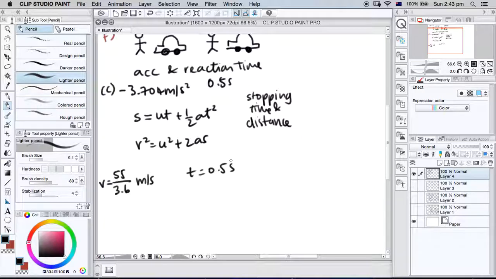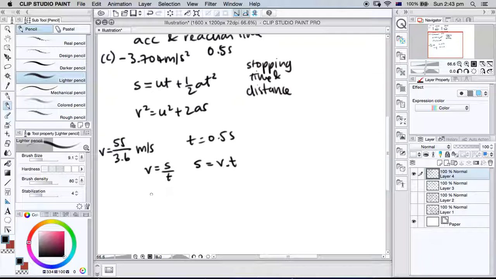So we want to find the distance he traveled before he stepped on the brakes. Using the equation v is equal to s on t, and switching it around, s is equal to v times t. Substituting the two values in gives you an answer of 7.64 meters.